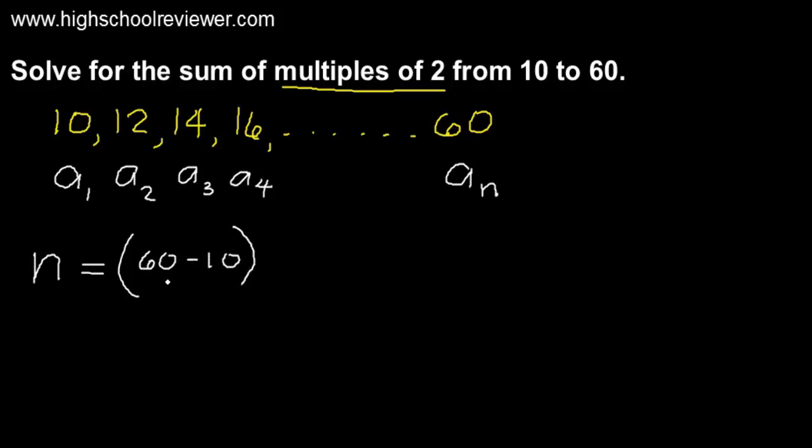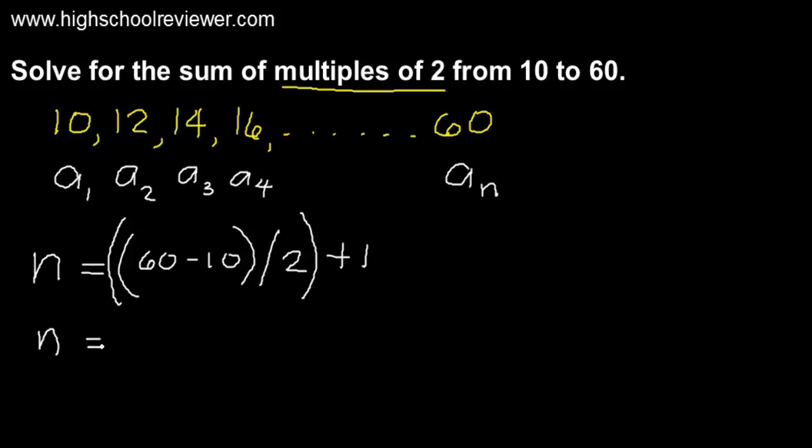Since they are all multiples of 2, we need to divide them by 2. So 60 minus 10 divided by 2. But since we also have to include positive 10 in the counting of terms, we need to add 1 to the result. So this is now our value for n.